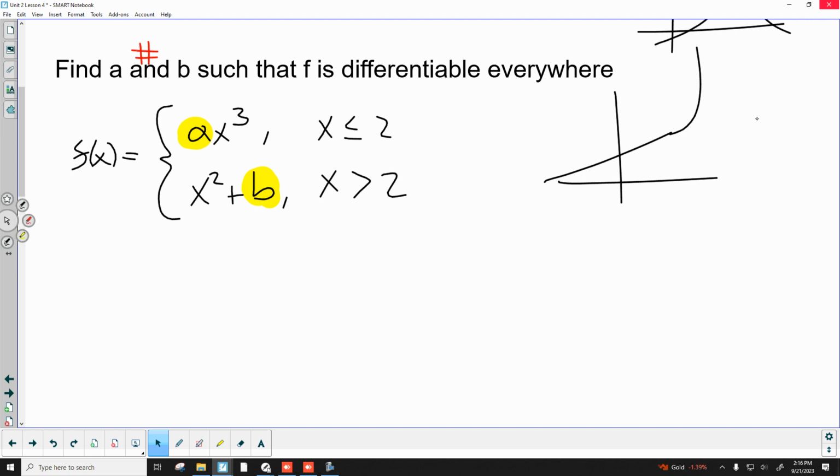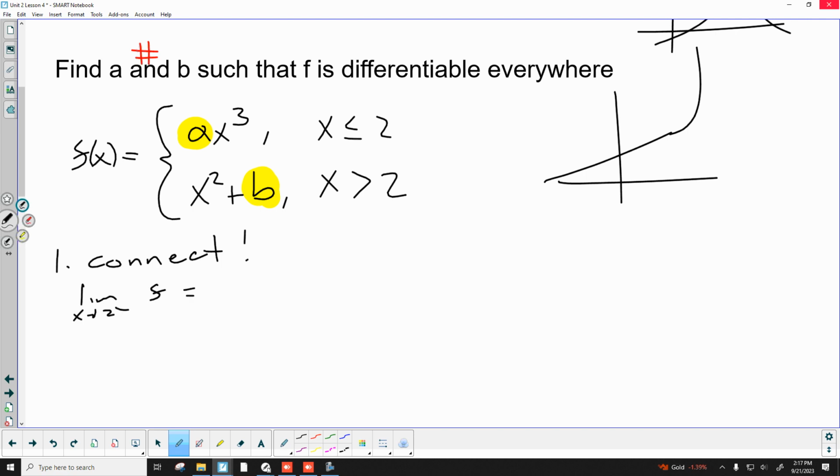Okay? So here's what we're going to do. I'm going to do one, you're going to do one. We got to make sure our pieces connect. That's the continuous part. That's the stuff you did in Unit 1. This is when you look at the limit, and you never write this down when you actually do the problems.